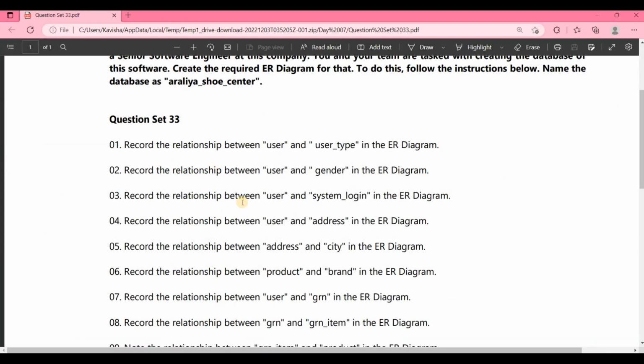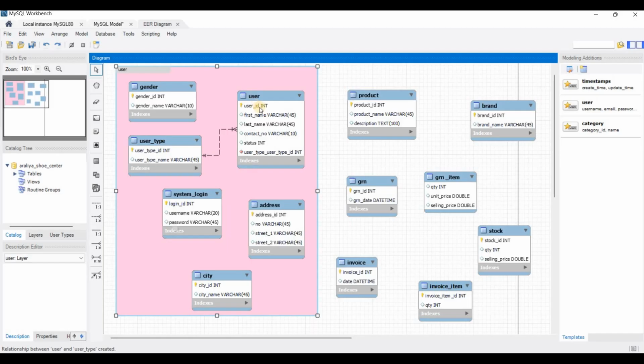So in the second question, we have to make the relationship between user and the gender table. So let's see. So here's the gender table and here's the user table. When we get one user, has only one gender. It is female or male, only one gender.